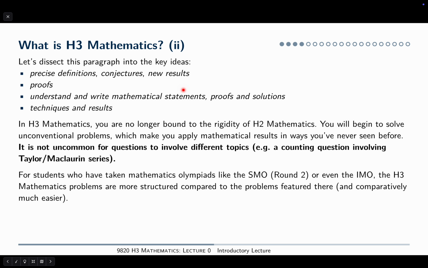So let's dissect this paragraph. We have precise definitions, conjectures, new results, proofs. We have understanding and writing mathematical statements, proofs, and solutions. We have techniques and results. So in H3 mathematics, you are no longer bound to how repetitive the questions in H2 mathematics can get. In H2 further mathematics, if you're a student as well, the questions there will usually tend to be unconventional.